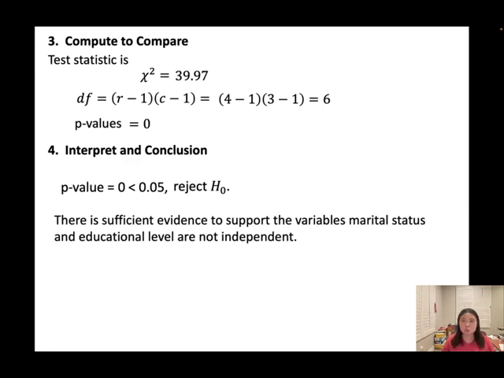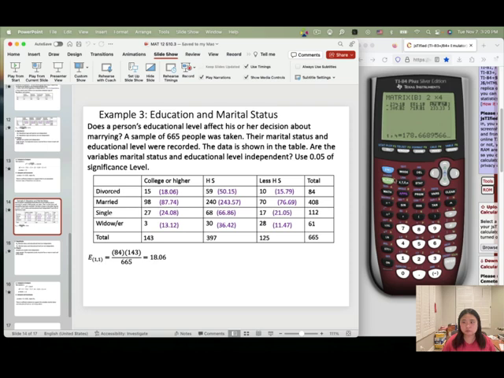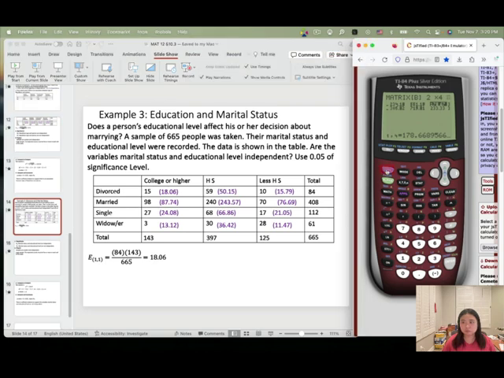Okay, I show you guys one more time how to use your calculator. Okay, go to second, matrix, go to edit. Okay, this time we have 1, 2, 3, 4. So 4, enter, 3, enter.